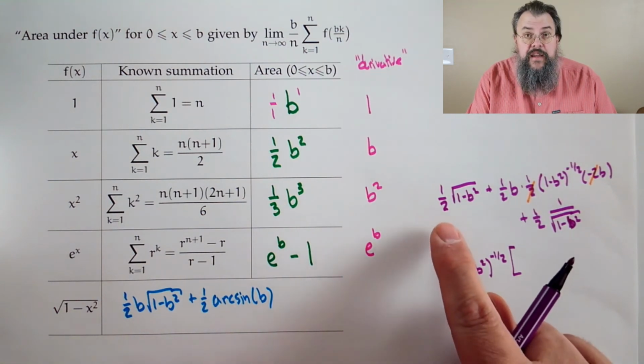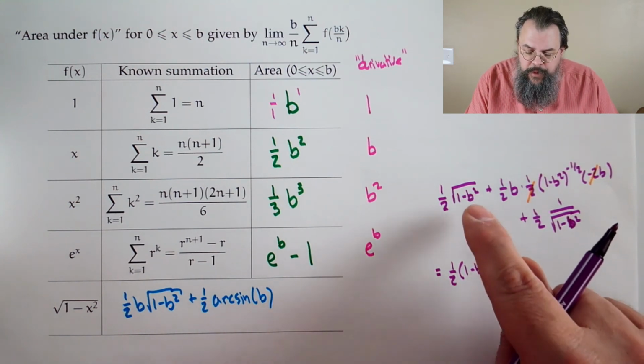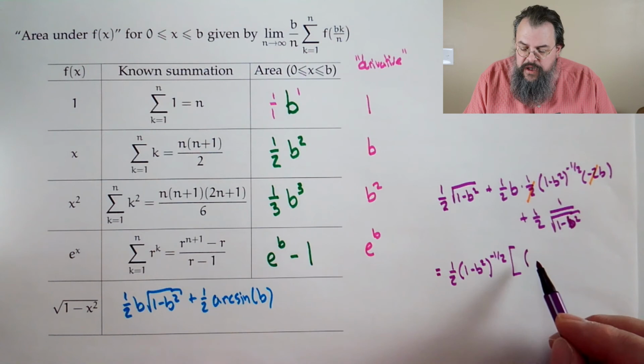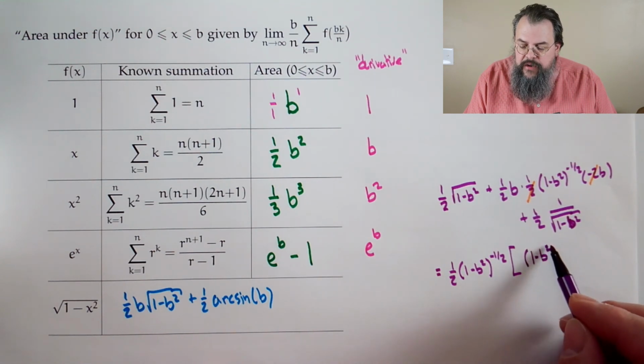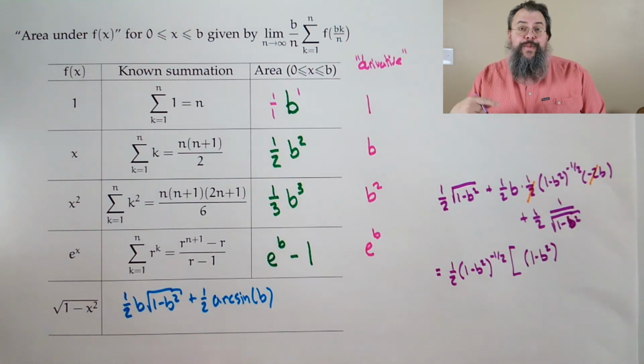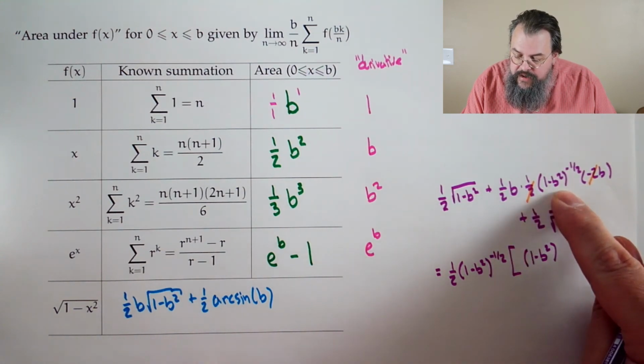From the first term, we got the half. Here, we pulled out 1 minus b squared to the minus 1/2. There was a 1 minus b squared to the plus 1/2 to begin with, which will leave us with 1 minus b squared to the plus 1. Think of it as a half minus minus a half. Now, in the second term, we got that already pulled out.